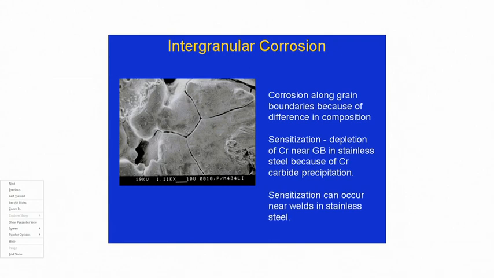When we expose pure metal to a corrosive environment, the grain boundaries are attacked at a slightly higher rate than the grain bodies, but the effect is not significant. Even if we refine the structure, the corrosion rate of the refined structure is not really so high compared to that of the annealed structure.